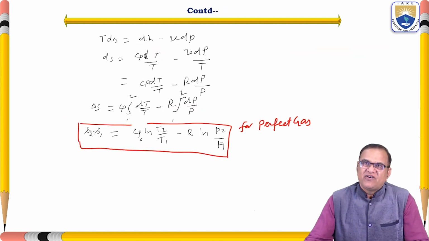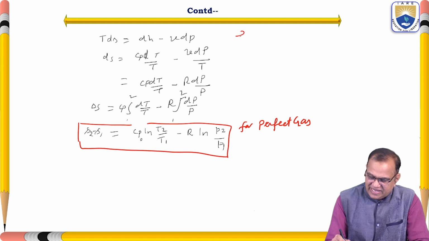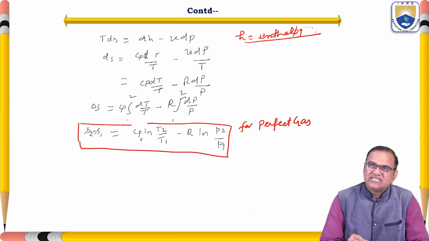Okay, now we can see this further with the help of pressure and enthalpy. Here H is enthalpy. We have seen that another equation is TdS is equal to dH minus VdP.